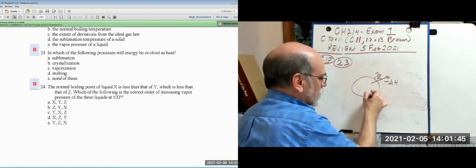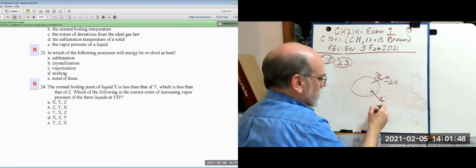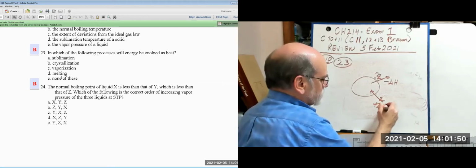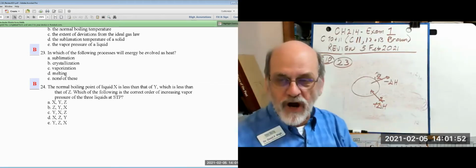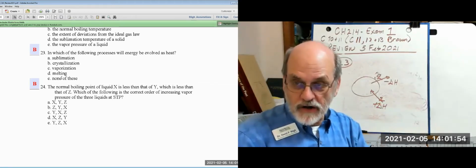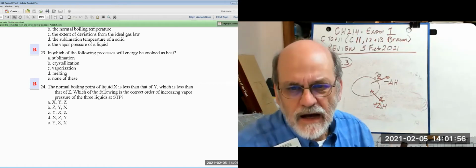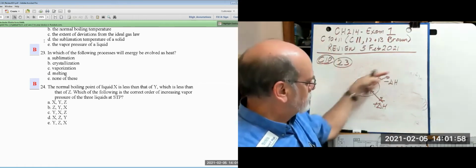If we're adding energy in the form of heat, then we have a positive delta H. So what processes, when they occur, give up heat?